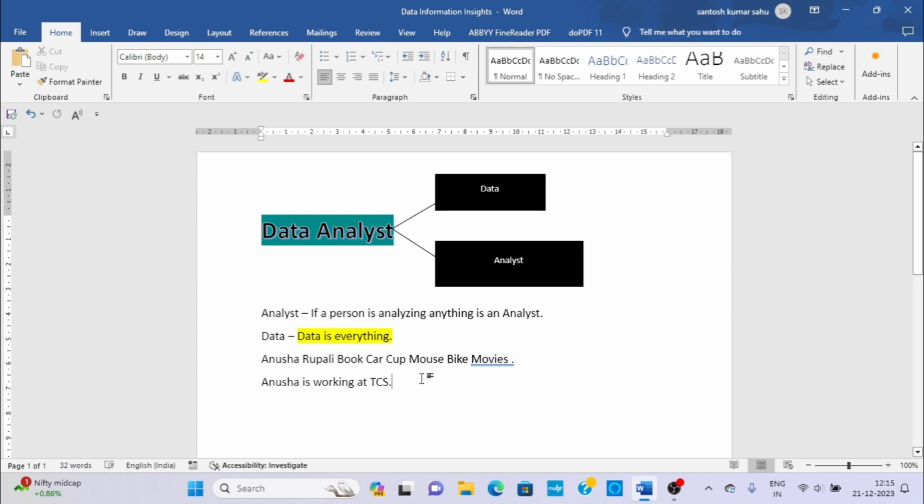But in the second line, Anusa is working at TCS, we get some information or some idea about Anusa. Anusa is a person who is working in the corporate world, in a company TCS. So we get an overall picture about that particular person. When we get a particular idea from that sentence, it is called information.